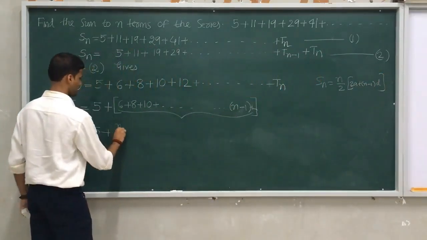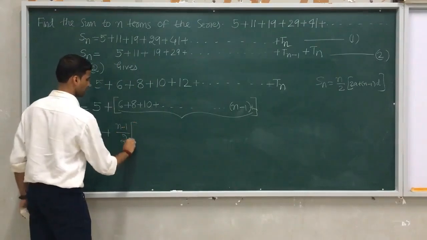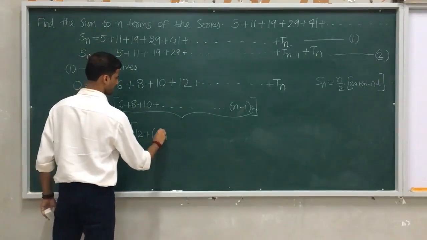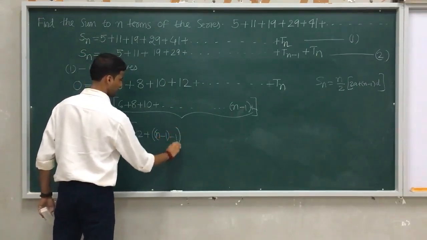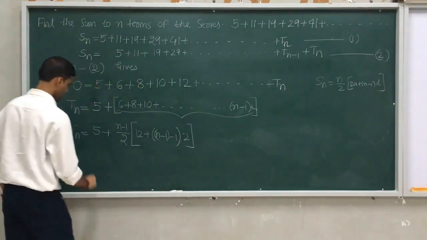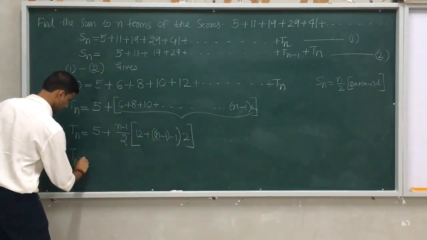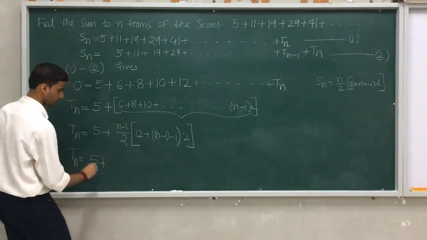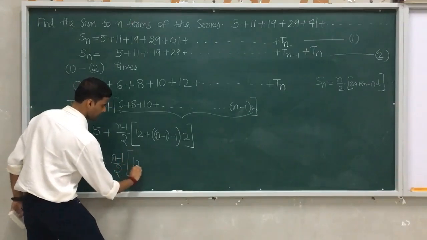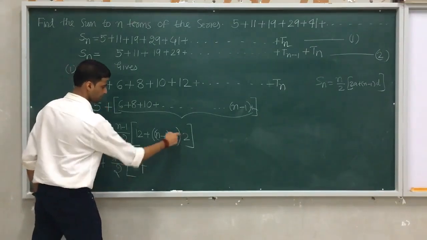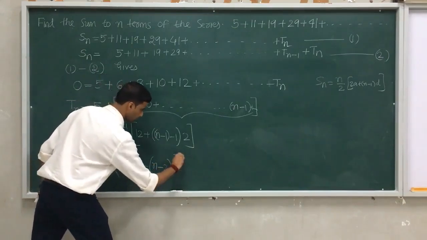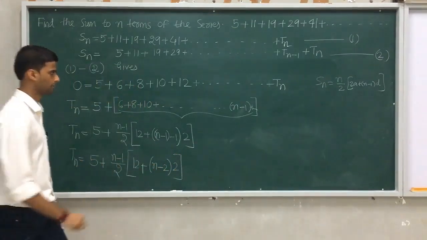So write n minus 1 by 2, 2a plus n minus 1 into d, where d is 2. So Tn is equal to 5 plus n minus 1 by 2, 12 plus, just multiply, or you can write this as n minus 2 times 2. Understood?